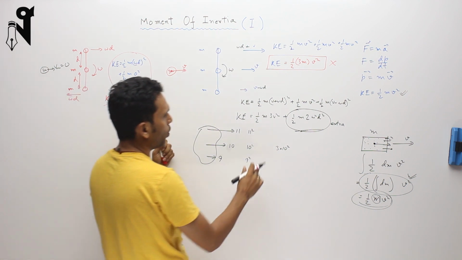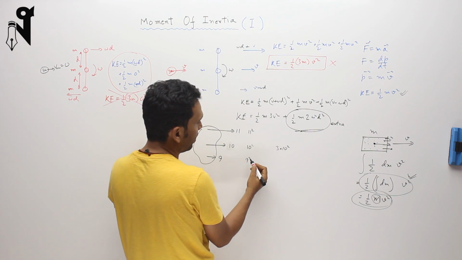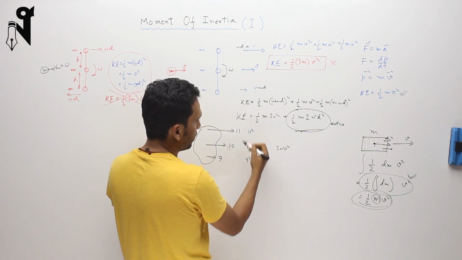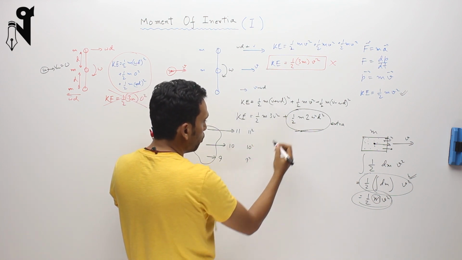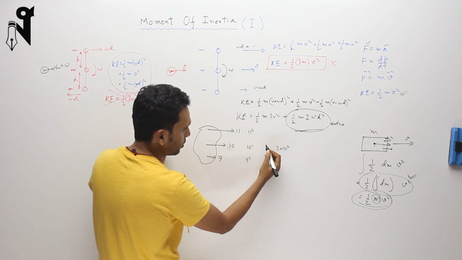Not at all. Why? Because 11 square is more departed from 10 square than 9 square is. You go one up, but the square makes you go more away than the 9 square makes it go away from your 10 square.